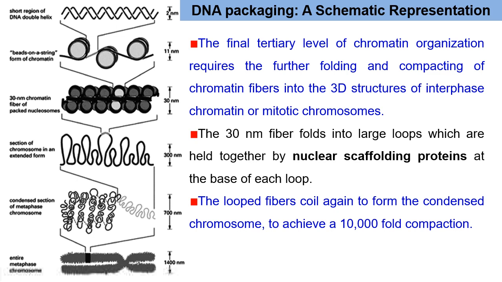The tightly packed regions of the chromatin fibers are known as heterochromatin, whereas the regions which are loosely packed are known as euchromatin. However, the structural and functional features of heterochromatin and euchromatin will be discussed in a separate presentation.